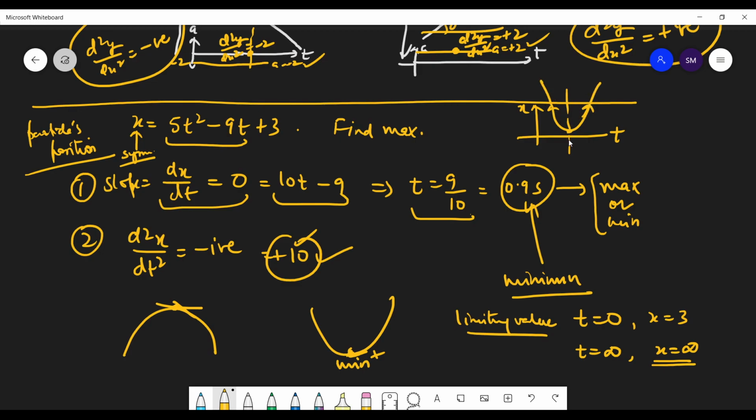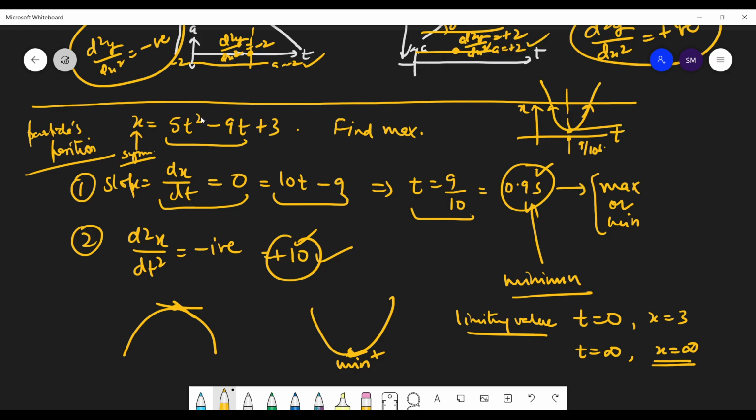At t equals 9 by 10 second, that is the minima that you will get for x.